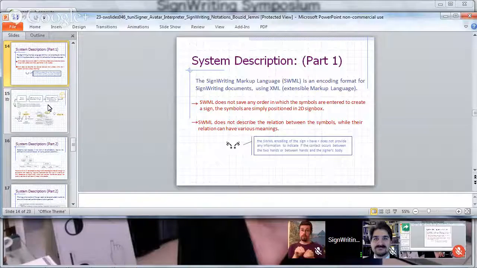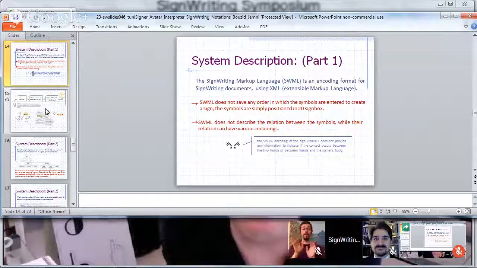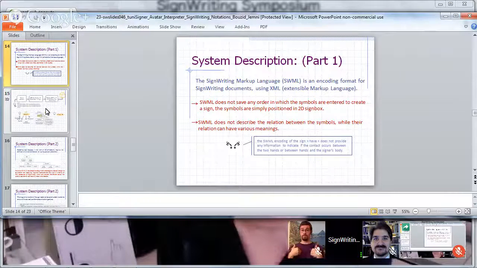The symbols are simply positioned in a 2D sign box. SWML does not describe the relation between the symbols, while their relation can have various meanings. And it looks like the sign for have underneath, and in tiny print, it says the SWML encoding of the sign.